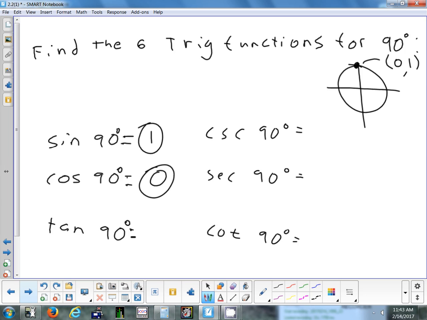And now the tangent is the y divided by the x. 1 divided by 0. What's 1 divided by 0? Undefined. You can't do that. So for that one, you just write undefined.